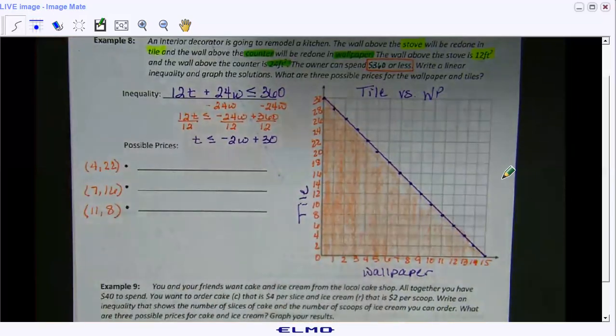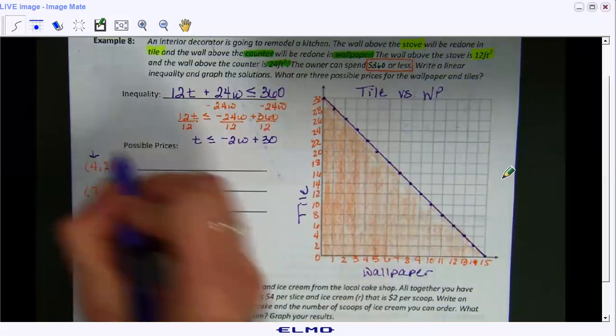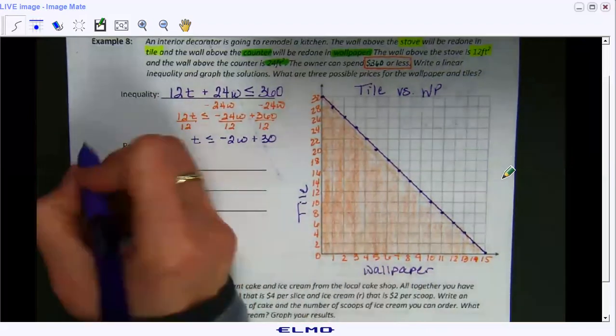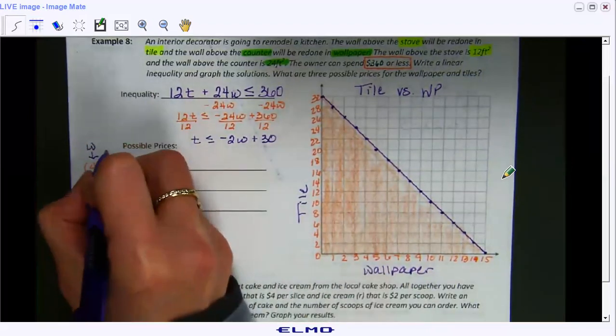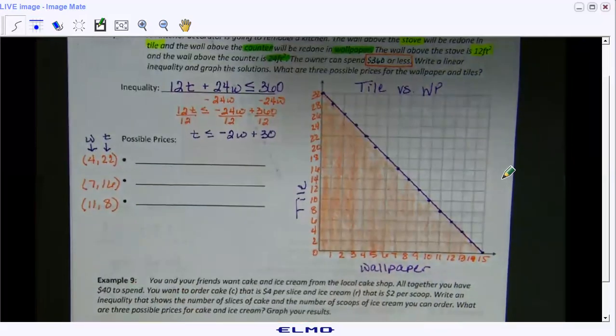Now, what you need to understand with these ordered pairs is that this column right here is representing the wallpaper, and this column right here is representing the tile. So when we plug these ordered pairs into the inequality to check their solutions, we need to make sure we're putting them in the right place.